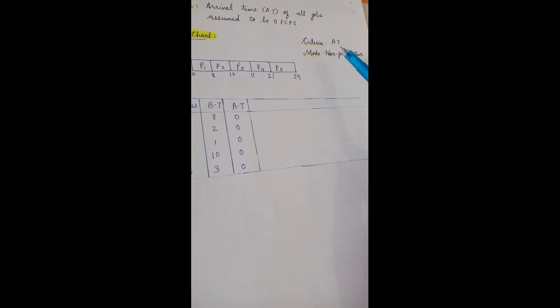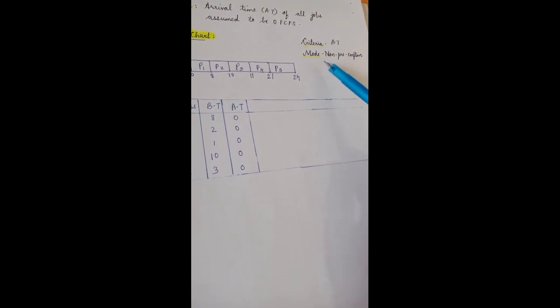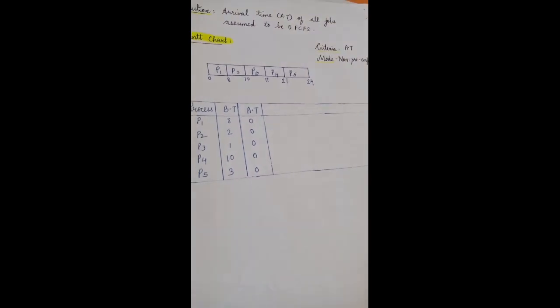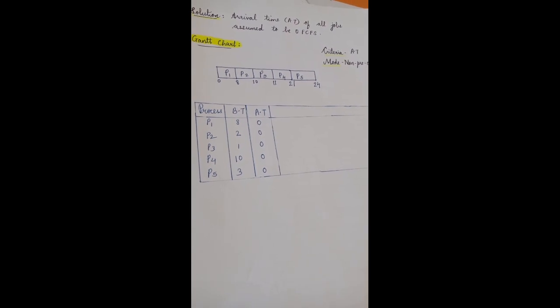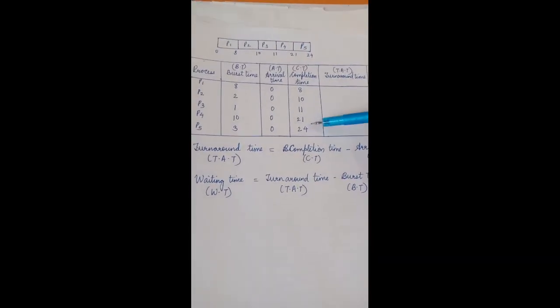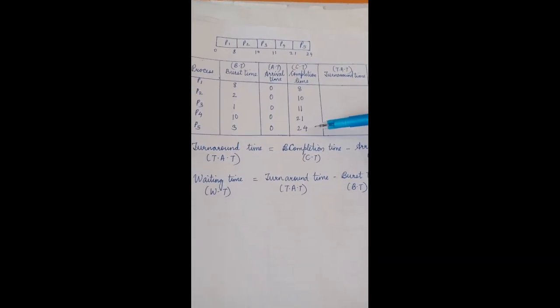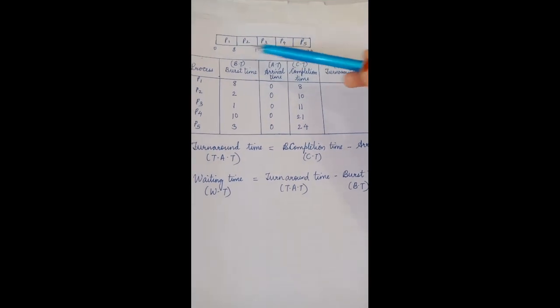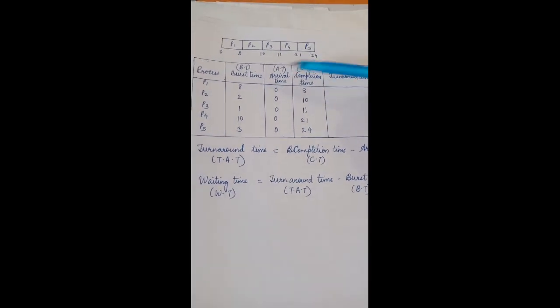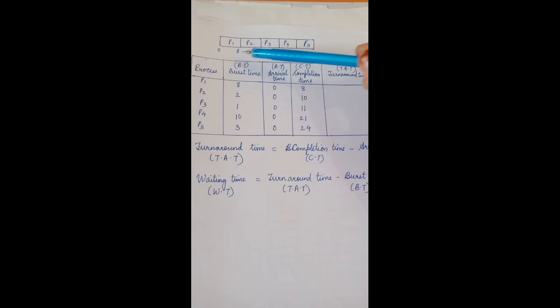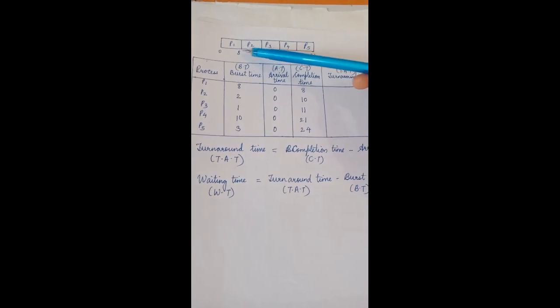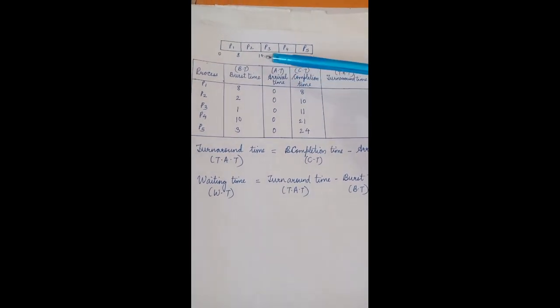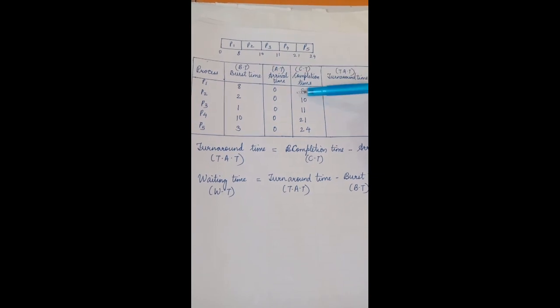So we have to consider criteria arrival time, and mode is non-preemptive for FCFS scheduling. Let's write the completion time for each process. To find completion time, we need to look at the chart. For P1, completion time is 8.